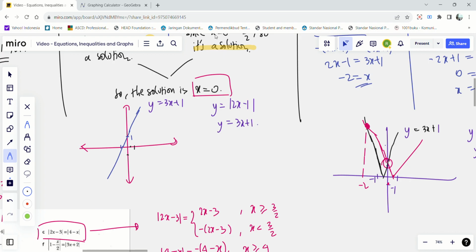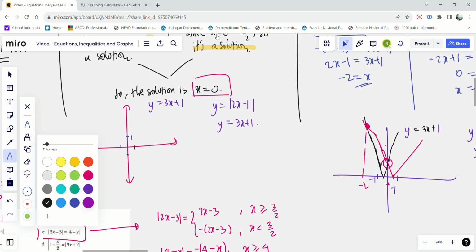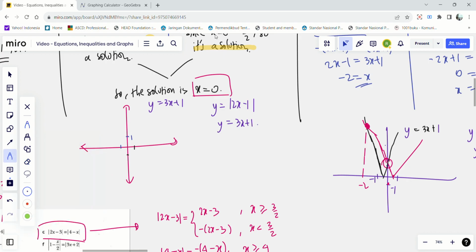It's 3x plus 1, so I should be having, wait, this is half. I think this one I should draw a bit steeper. Sorry for this. I should draw it probably somewhere here like this. Okay, that's better. So this one I will probably have something like this, right? But then with the modulus, there is nothing below the axis, so I should be having this instead, like this.